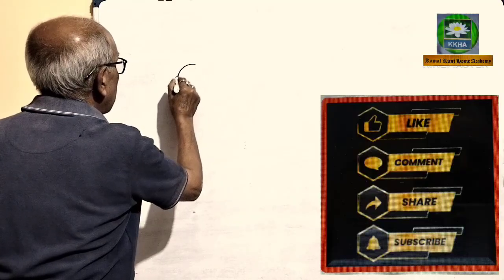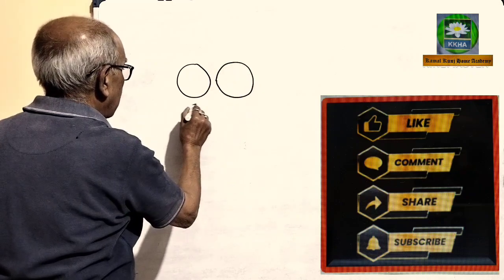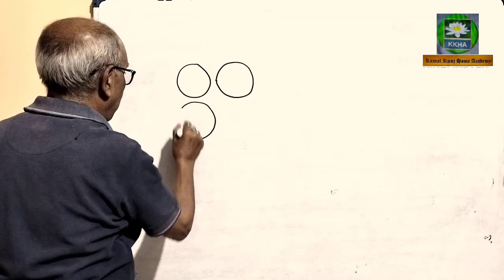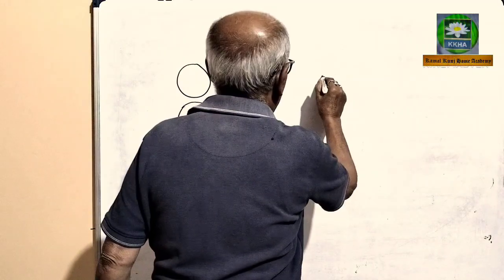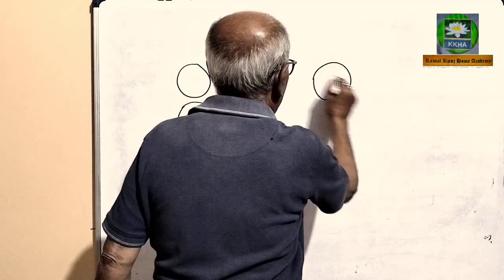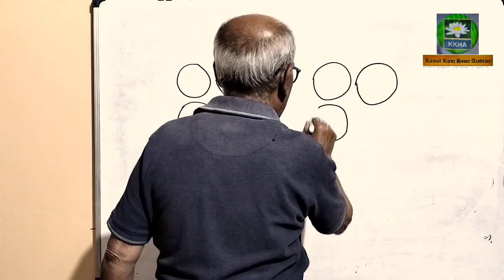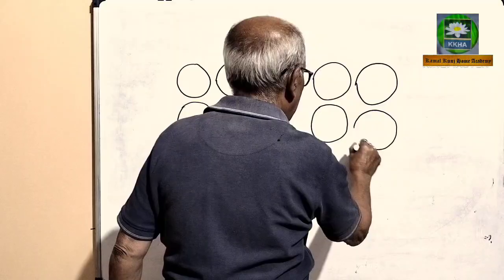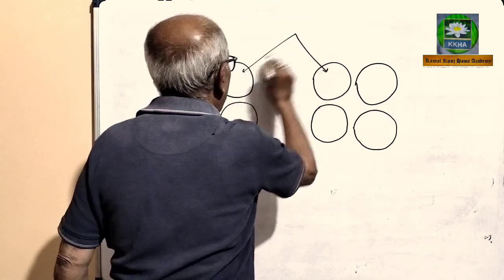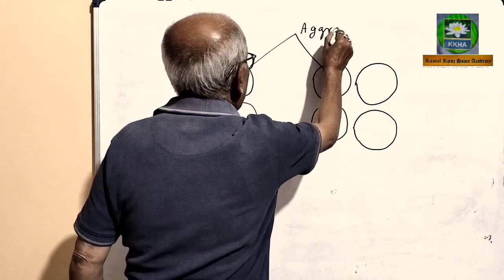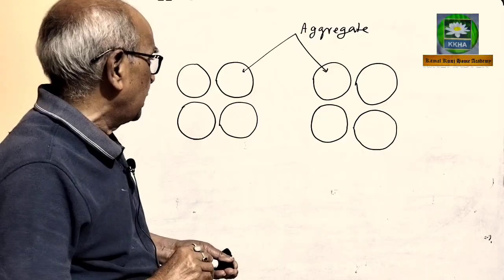In conventional castables, these are aggregate particles, and in between the aggregates voids are created.